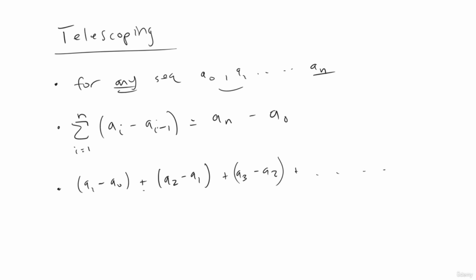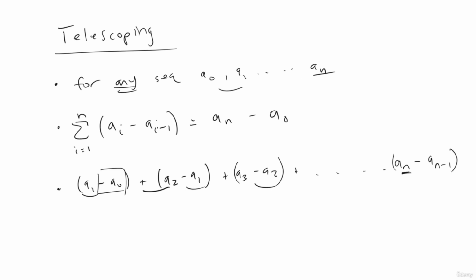So here we added in A2, and here we subtracted it out. We added in A1 here, and then we subtracted it out. But what got left in? What got left in is this negative A0, and what gets left in is the number that's at the end. AN got added in, but it never got subtracted out like A(N-1) did.